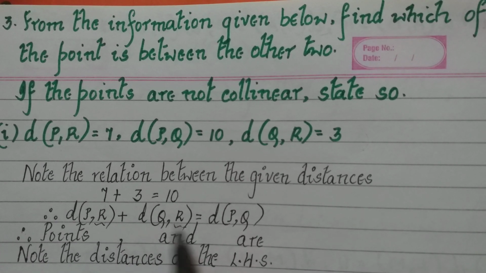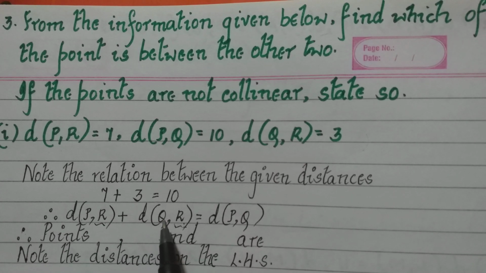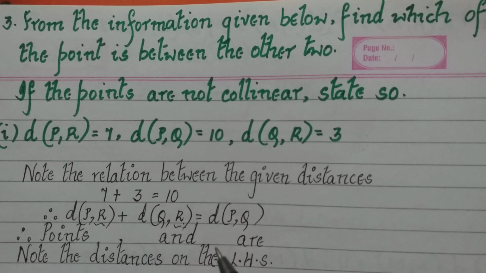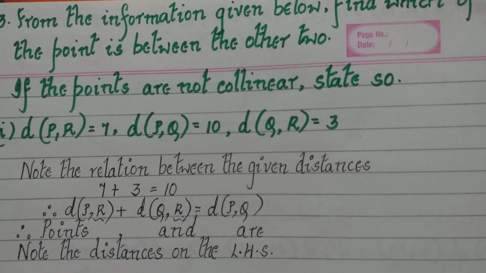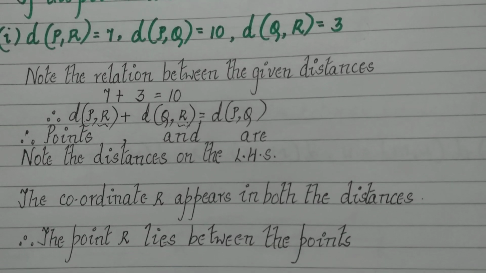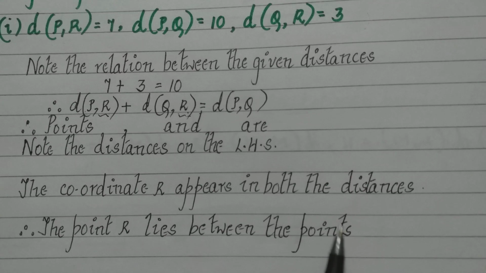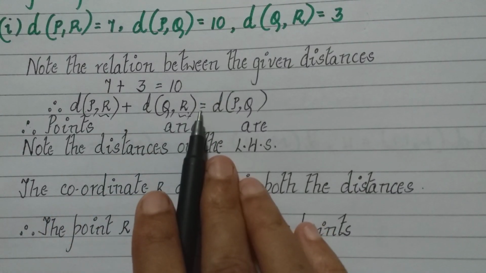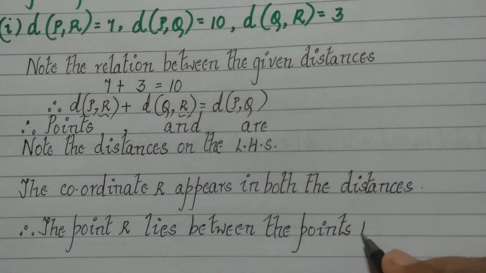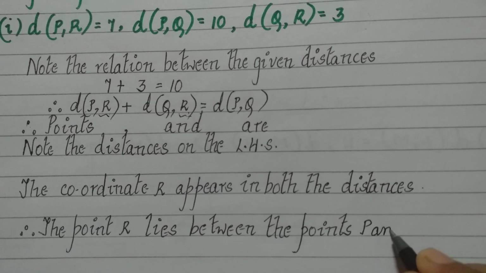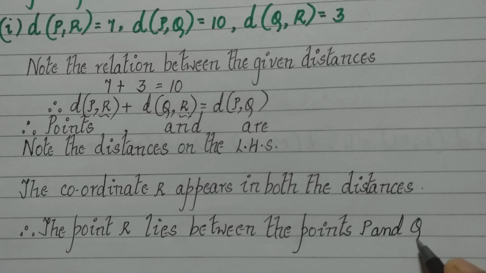Therefore, this point R is lying between these two points P and Q. So I write point R lies between the points, which points? P and Q. So I can write P and Q.